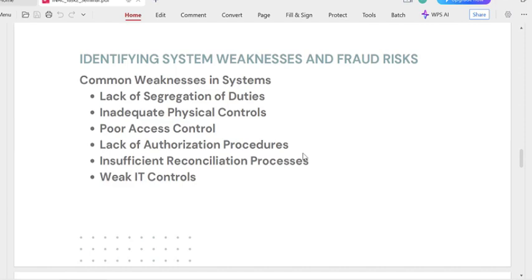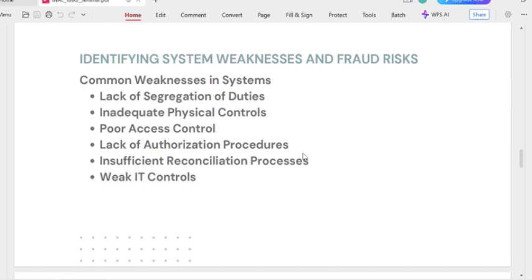Authorization is like, if the amount exceeds a certain level, either in the case of an invoice or in the case of purchasing, if you are paying your payables, there should be levels of authorization.